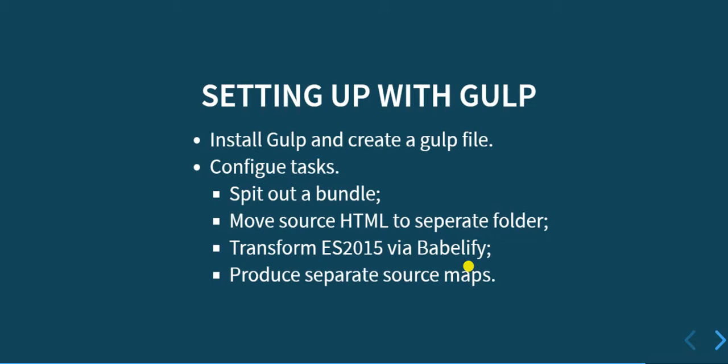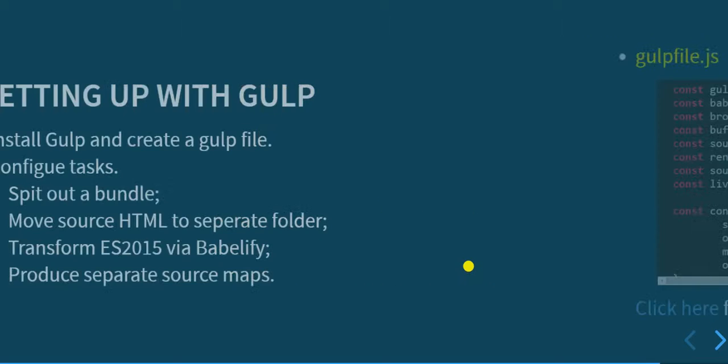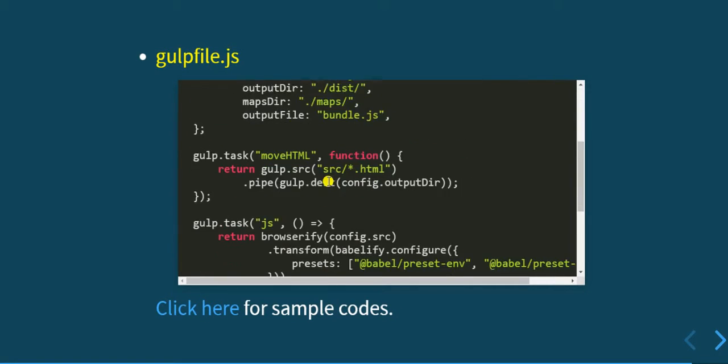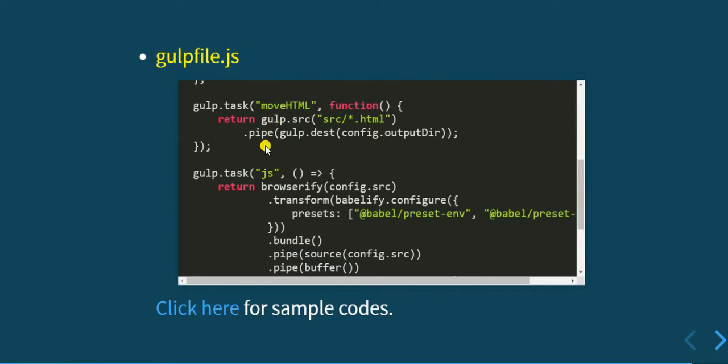Setting up with gulp. We can configure Browserify with gulp. First, we need to install gulp and create a gulp file. After that, we can configure a task. So this is the gulp file. In the gulp file, first we require all the modules, then add the task.